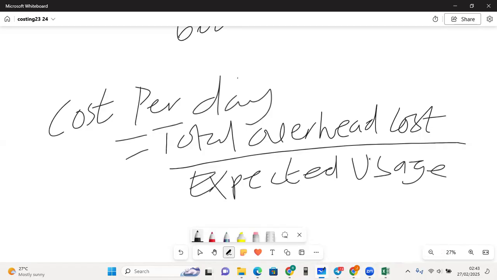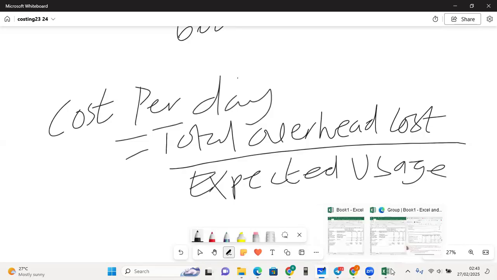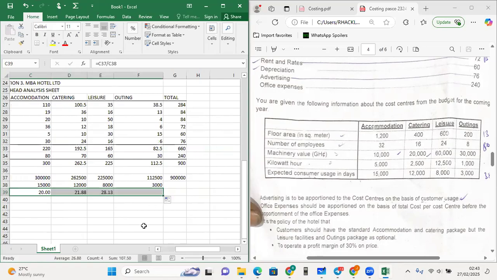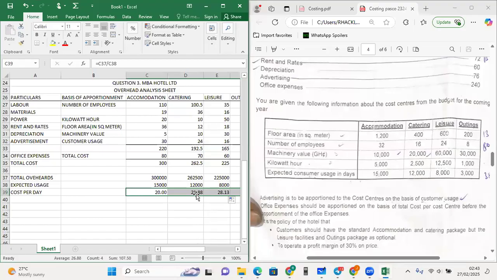Or when they give you 12 months, just use 365. So this is the expected cost per day.